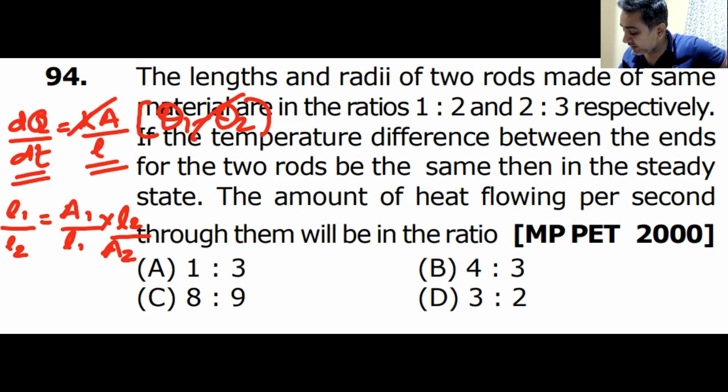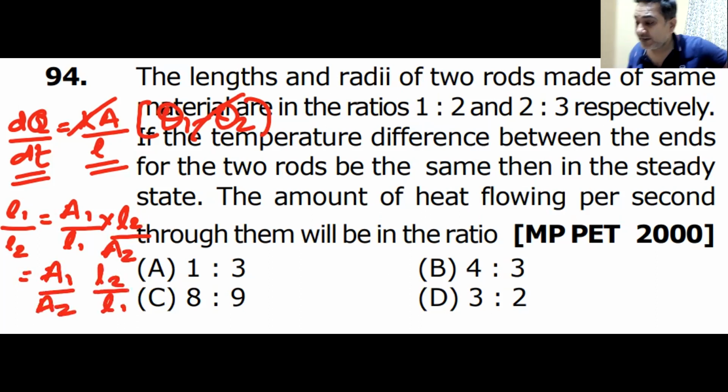So basically I can write it like this: it is A1 by A2 multiplied by L2 by L1. Do we understand this? Just find the ratio and get your answer. How do I get the ratio of A1 by A2?